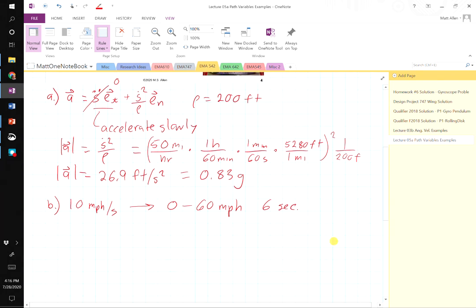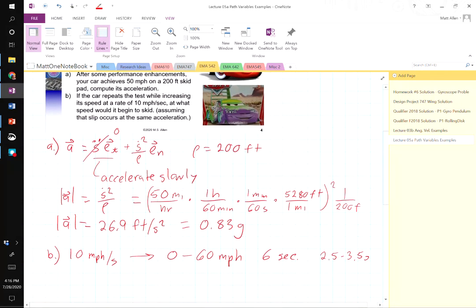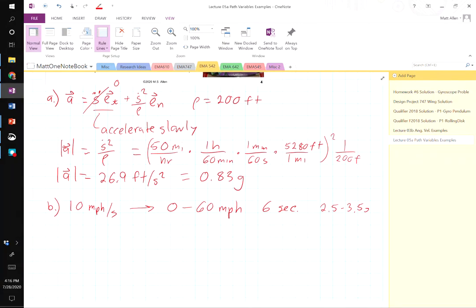So that's a fast passenger car, a fast sporty car. Probably most of you have never driven cars that can get to 0 to 60 that fast. A really high performance car like a Tesla or a Porsche could do this in 2.5 to maybe 3.5 seconds. So anyway, this is accelerating really quickly. We'll see how much that decreases our skid pad score.